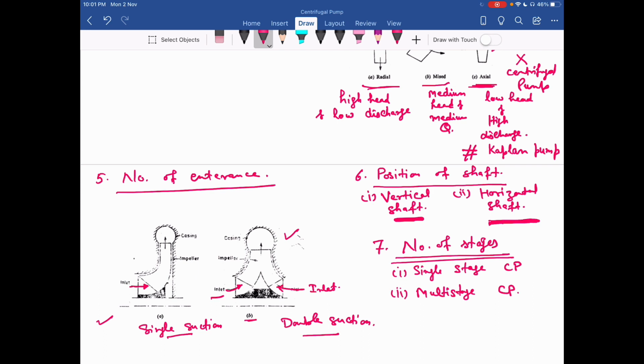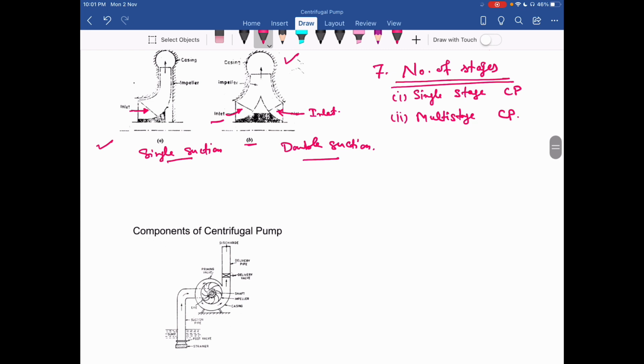Now, in case of multi-stage pumps, we have more than one impeller mounted on a single shaft, and in between two impellers, we have a row of guide vanes. Okay, and that set we enclose in a closed casing. So that becomes our multi-stage pump. Okay. So these are the different classifications of centrifugal pumps.